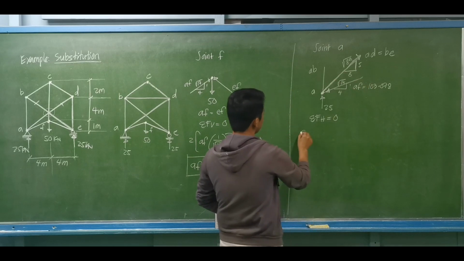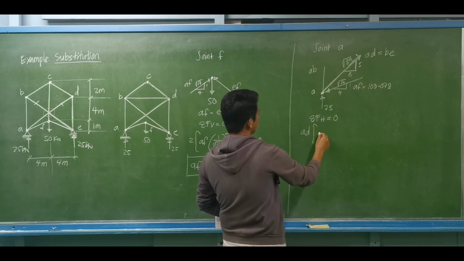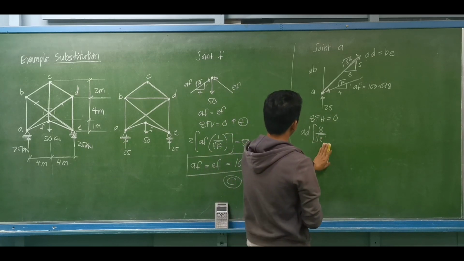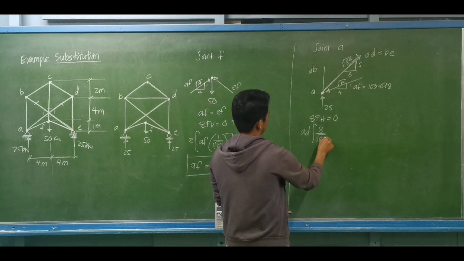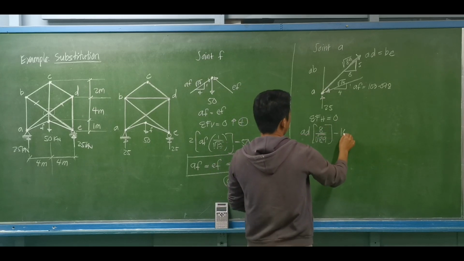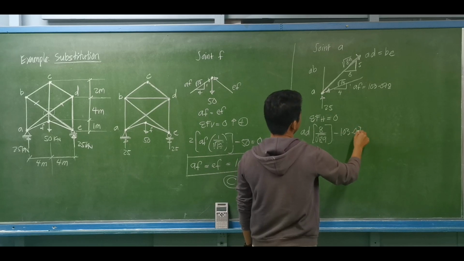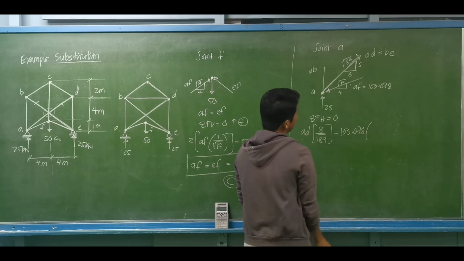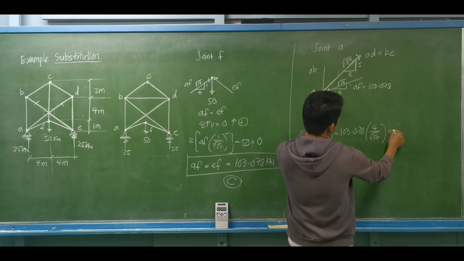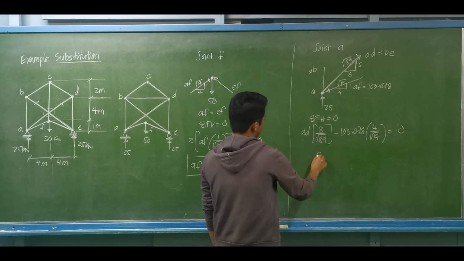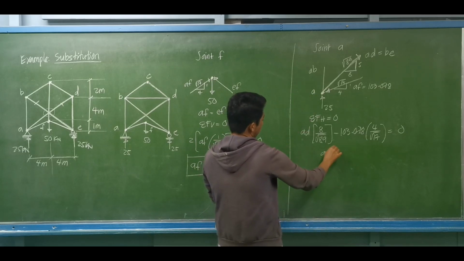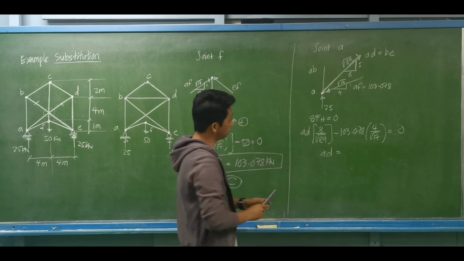To the right, that is member AD, horizontal component is 8 divided by the square root of 89, then minus AF, 103.078, horizontal component is 4 divided by the square root of 17, equal to 0. So we will have the magnitude of the axial force for member AD.